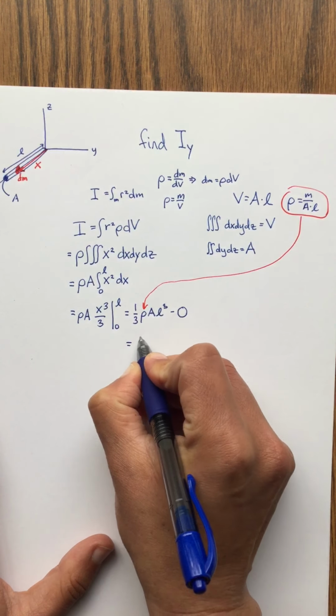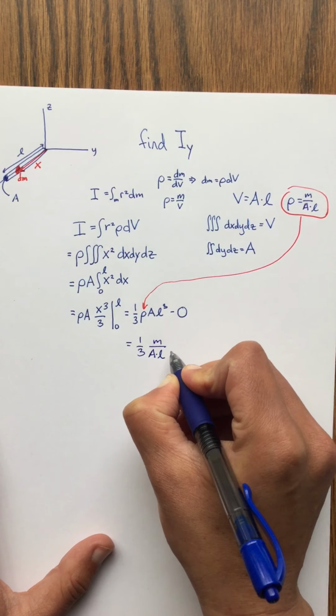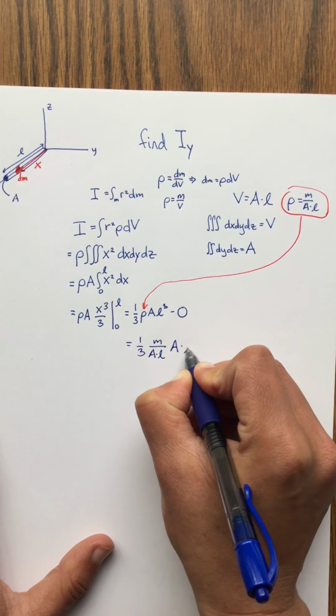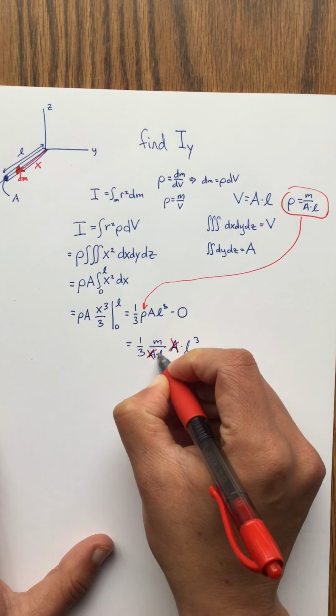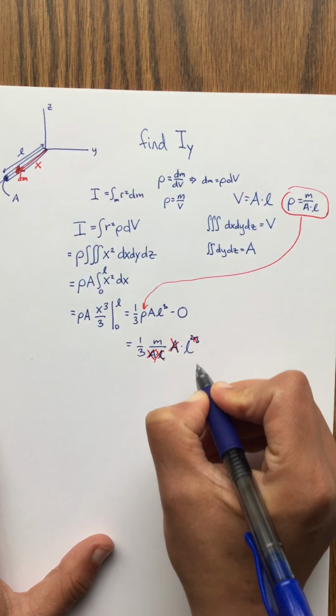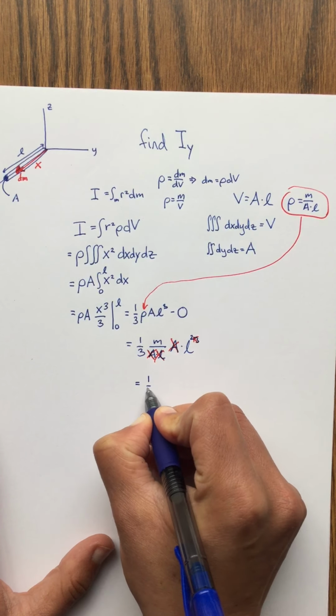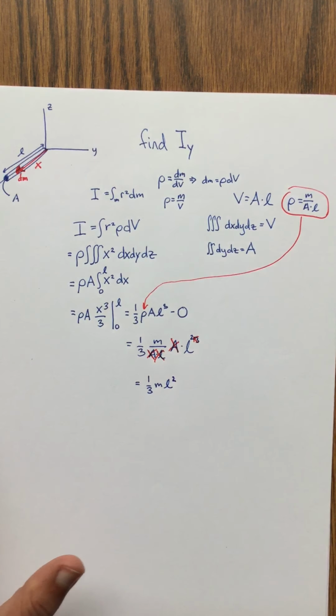So now I have 1/3 times the mass divided by the volume, which is A times L, times A times L cubed. So A and A cancel out. This L cancels out with 1 power there and leaves you with a 2. So finally, I have 1/3 times the mass times L squared.